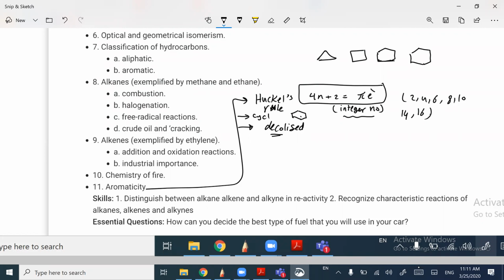Delocalized means we have single, then double, then single, like in benzene: single, double, single, double, and so on.